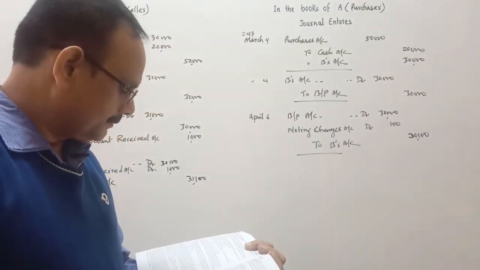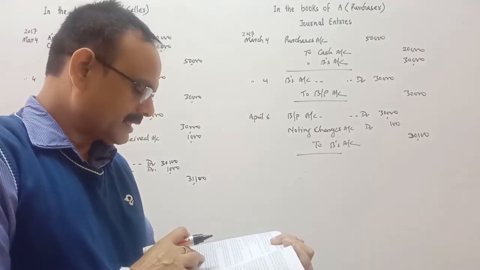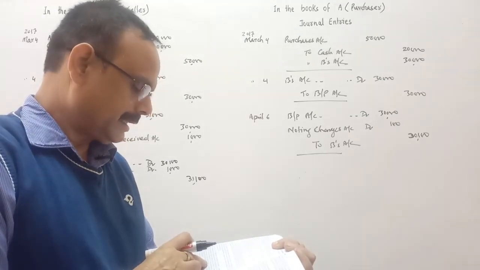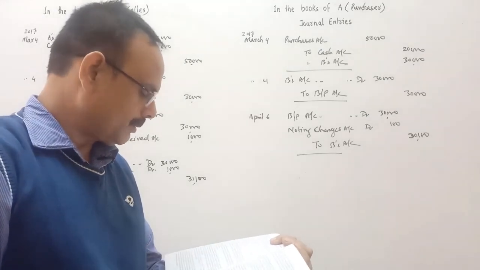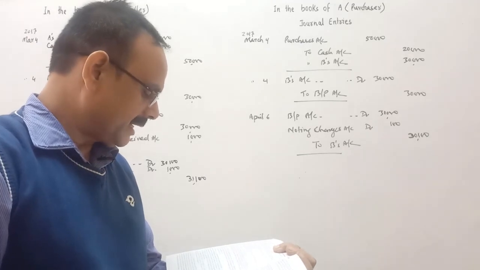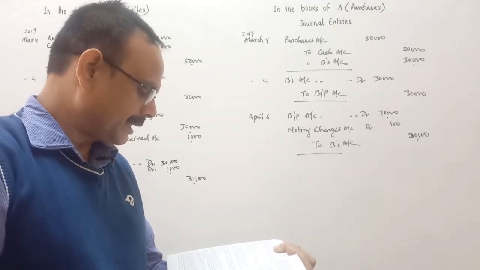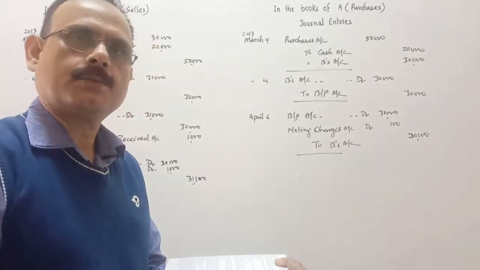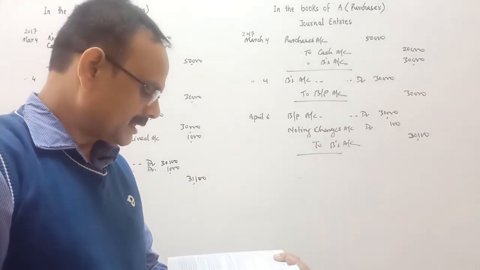After dishonor, you see the third line. On the same day, C informed B about the dishonor of the bill. B settled his debt to C by check of rupees 30,100, which includes noting charges.